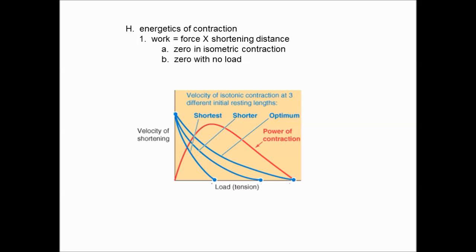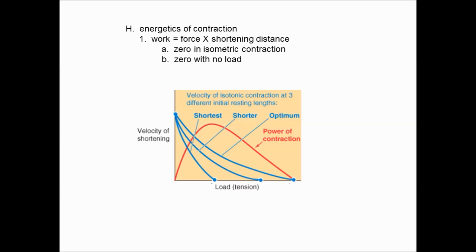In other words, work is force times distance, if you remember from physics. And so if you're not going to lift anything, if it's a zero load, there's no work. And on the other hand, if you're not moving the object you're trying to move, then there's no work.